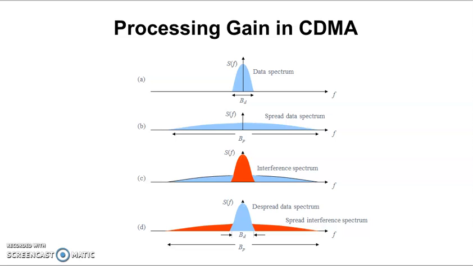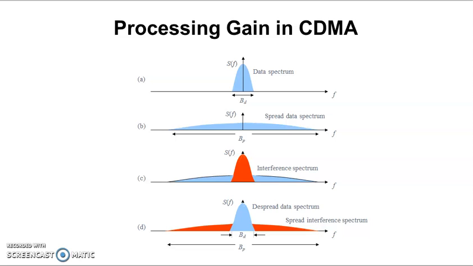If the input is correlated with the PN signal in the receiver, the desired signal energy is despread into the signal band Bd, whereas the interference signal, being uncorrelated with the PN signal, is spread over the band Bp.